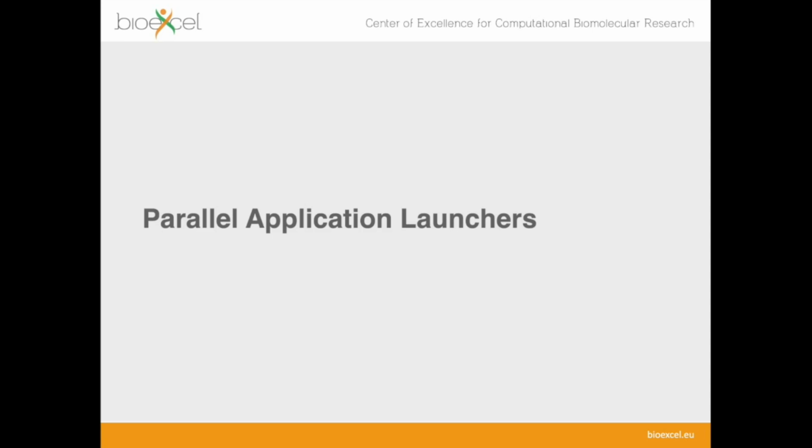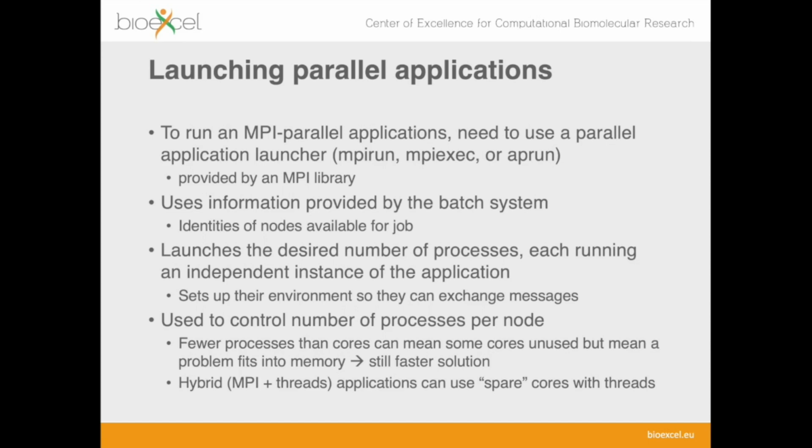So now we come to parallel application launchers. Once you have your resources, how do you actually run an HPC application in parallel? You've already come across a little bit of mention of MPI and threads, and you'll see more of this in the rest of the course.